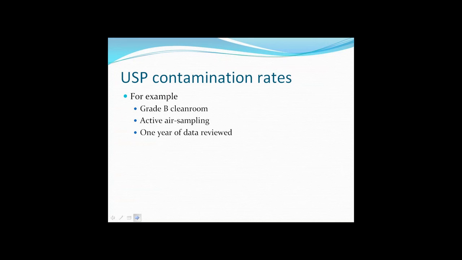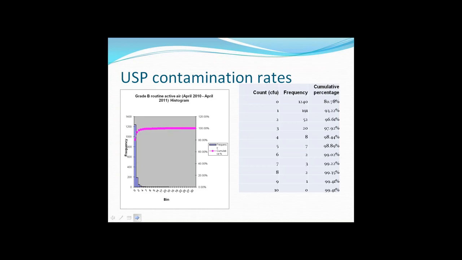So just as an example, I was playing around with some data, and I picked a grade B, ISO class 7 clean room, and I took some active air sampling data and looked at a period of 1 year, and considered on this slide how the data might be presented and compiled on a monthly basis.